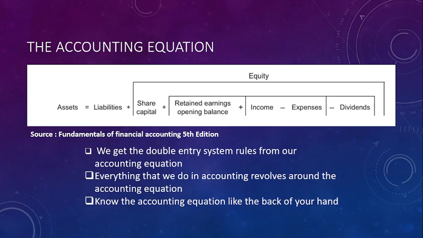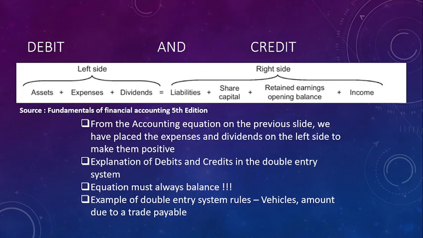So we're trying to bring them to a positive, just to make things easier for ourselves. So we take them to the left hand side, where they become positive, where you've got assets plus expenses plus dividends equals liability plus share capital plus retained earnings opening balance plus income.